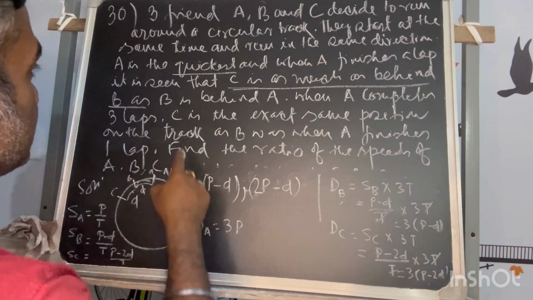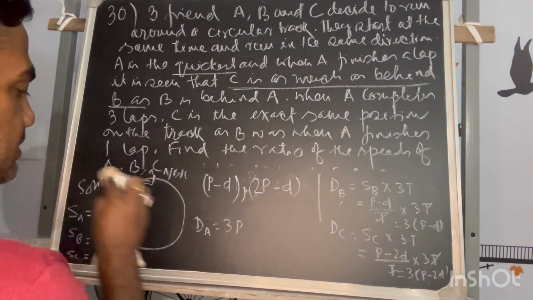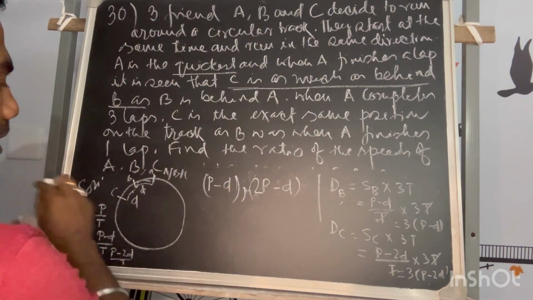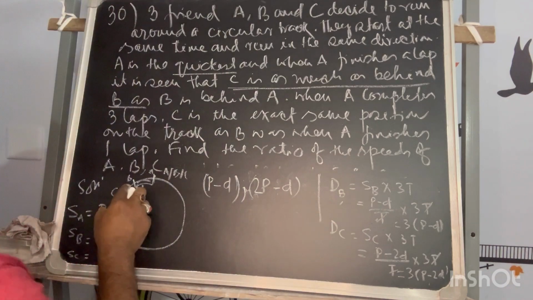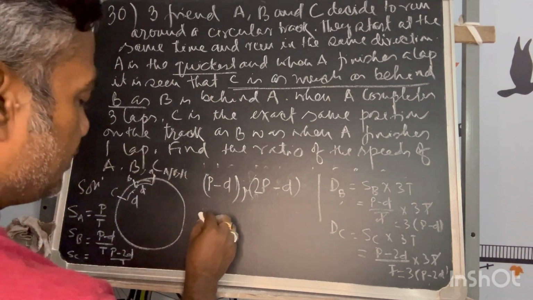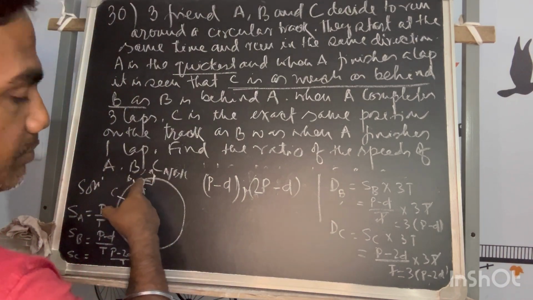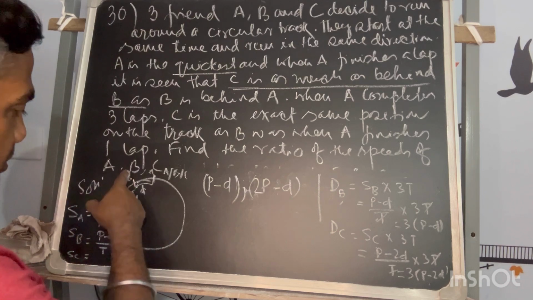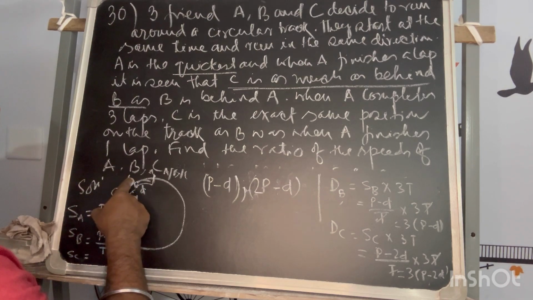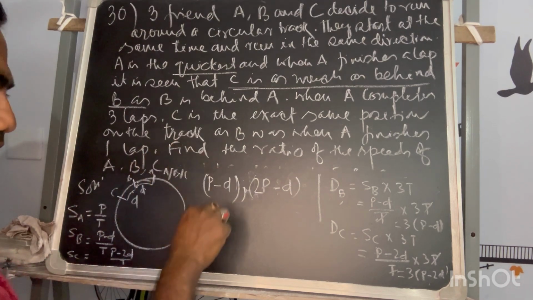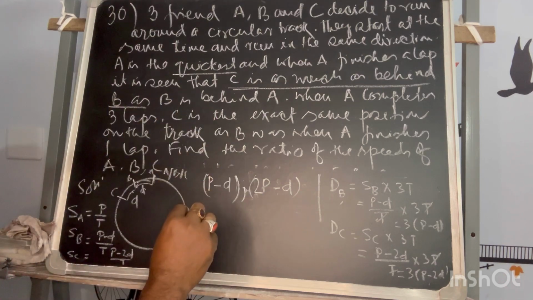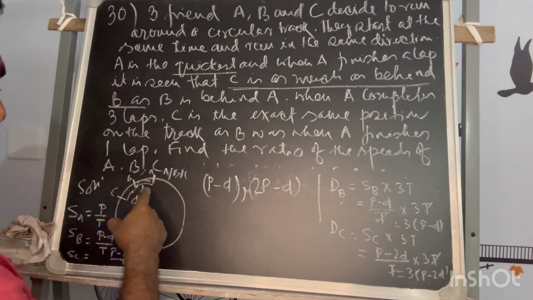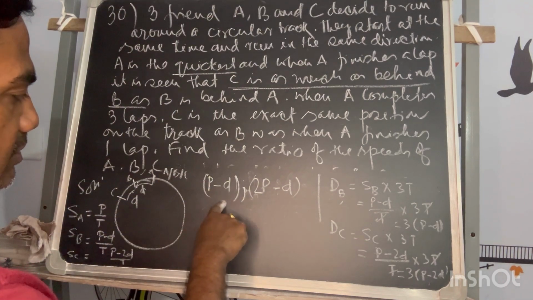But as per the condition of the sum, it has said that C will arrive somewhere where B has reached for the first lap, when A has completed the first lap. So this position can be achieved in any lap. So either C will reach this position.